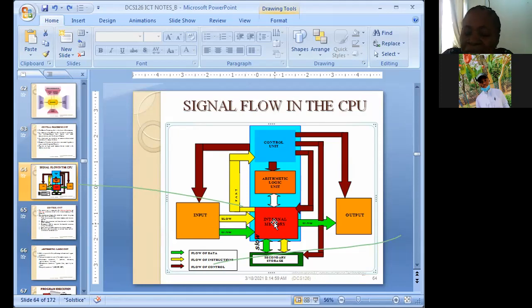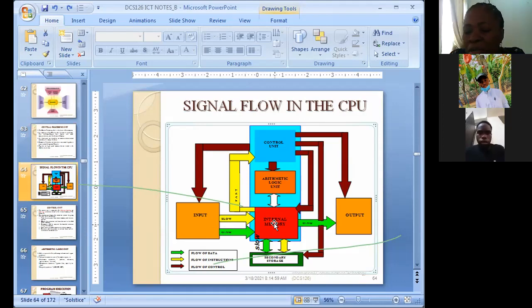And the essence is that internal memory is going to store that input only for the time that it takes the CPU to process that input.